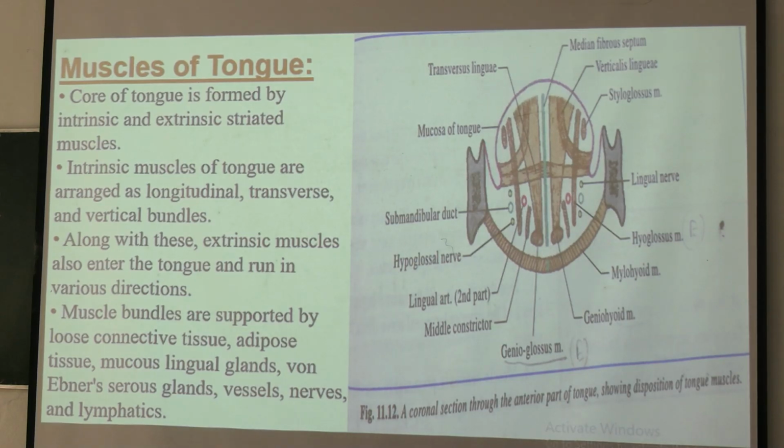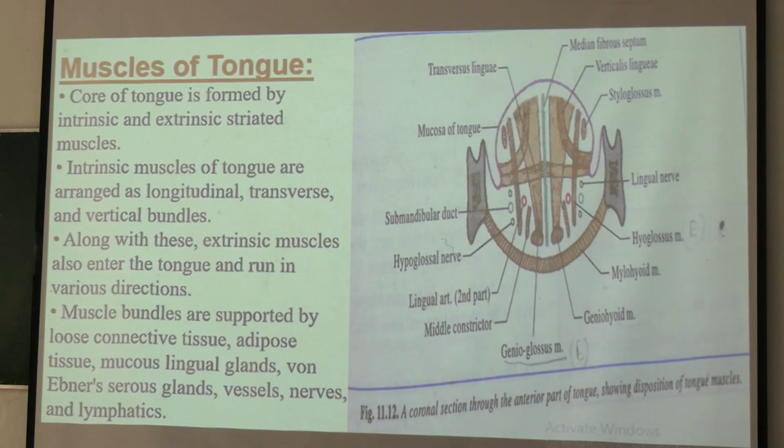Extrinsic muscles come from other structures and enter the tongue, like styloglossus, mylohyoid, hyoglossus, geniohyoid, genioglossus. All these are extrinsic muscles of the tongue.